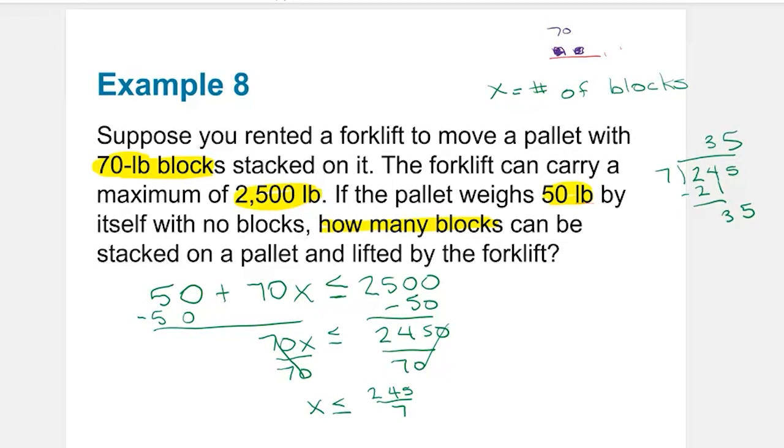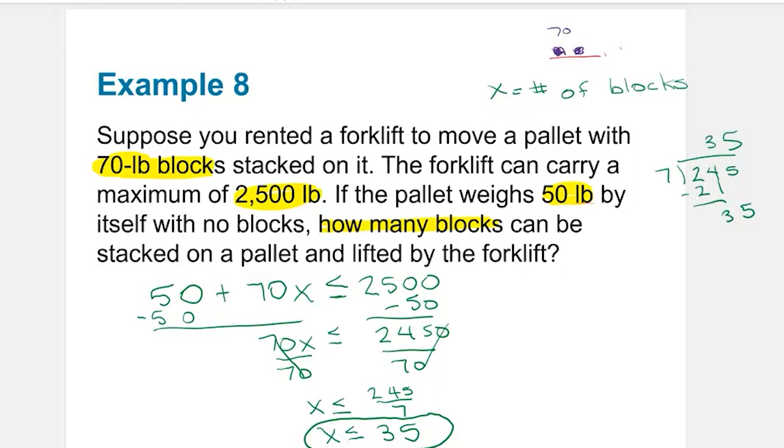Because 5 times 7 is 35. So x is less than or equal to 35. So I can stack up to 35 blocks. If I stack 36 blocks, I'm going to break my forklift, right?